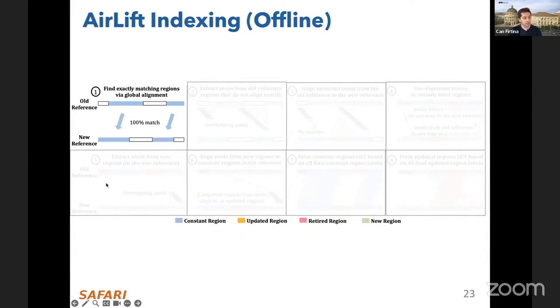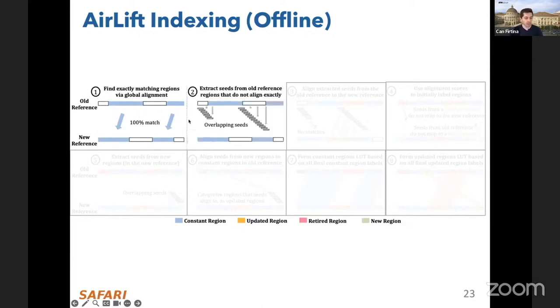The first step in the AirLift indexing is we find exactly matching regions by applying a global alignment between the old reference genome and the new reference genome. Whenever there is an exactly matching region, then we know that these are the constant regions. So for now, we can label them as constant regions.